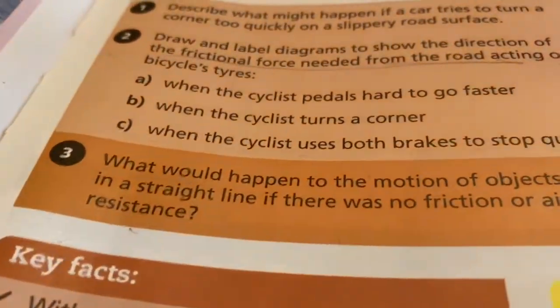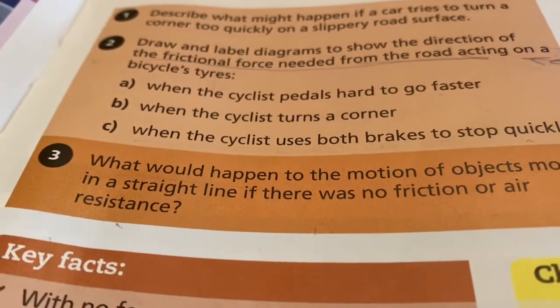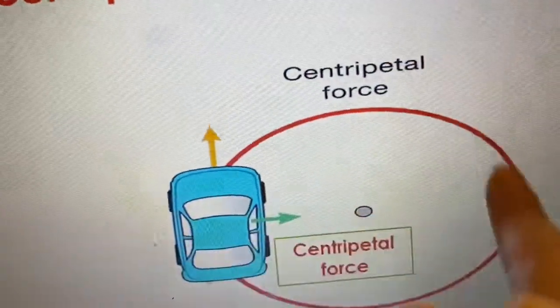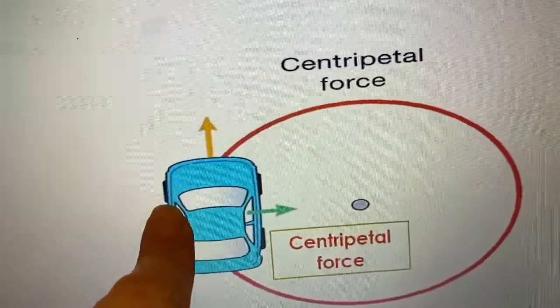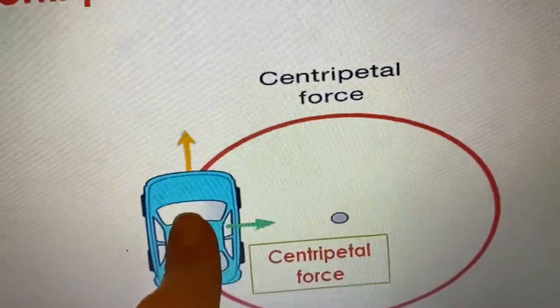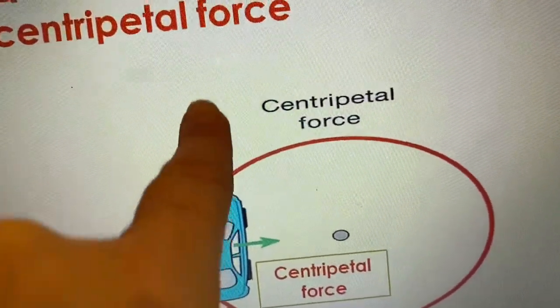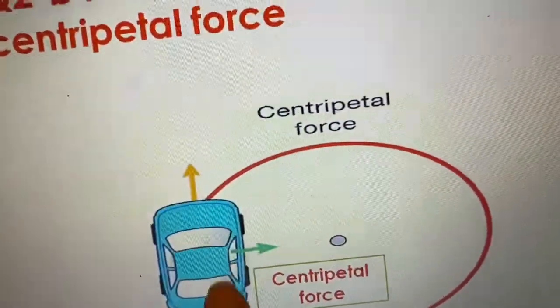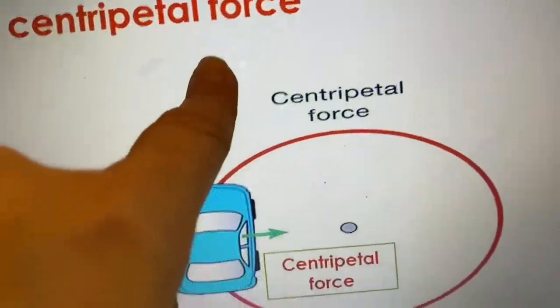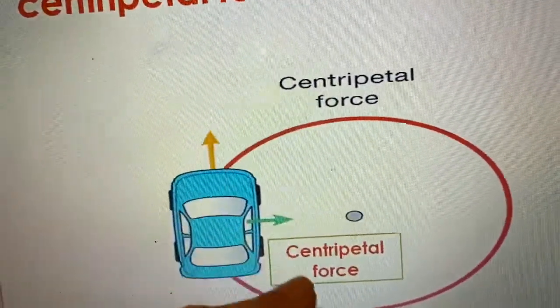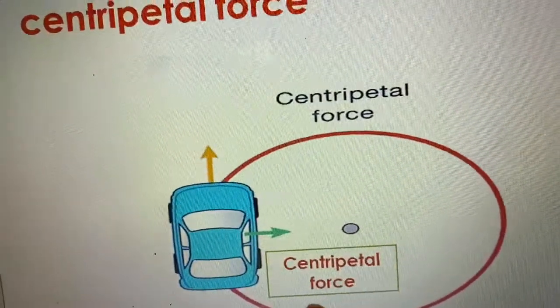Now 2B. When the cyclist turns a corner. Remember, this is a cycle. The car or a cycle, you can draw a cycle. It wants to keep going in this direction. This is the force it is given, while the friction is going in this direction, which we called centripetal force.